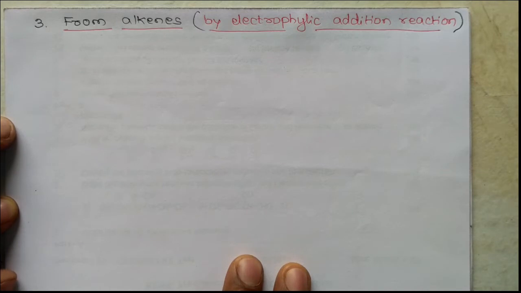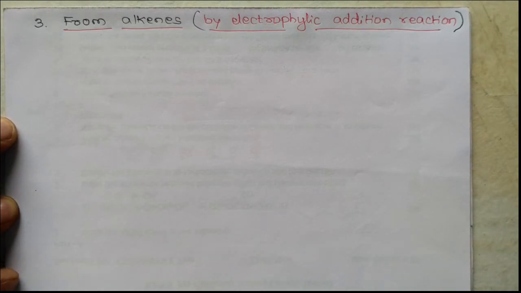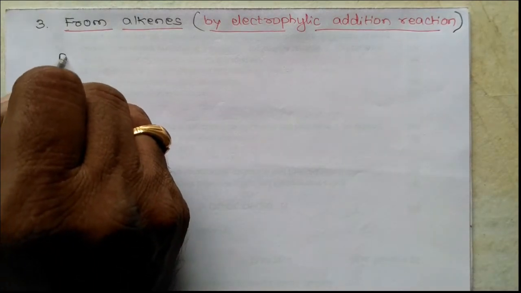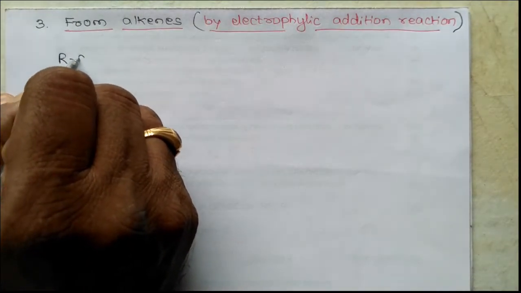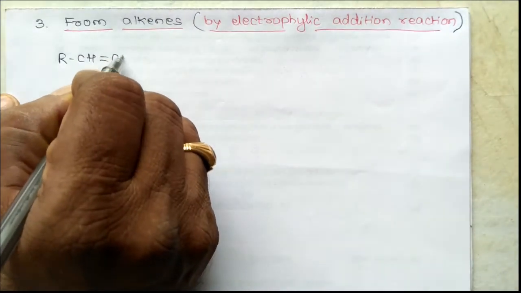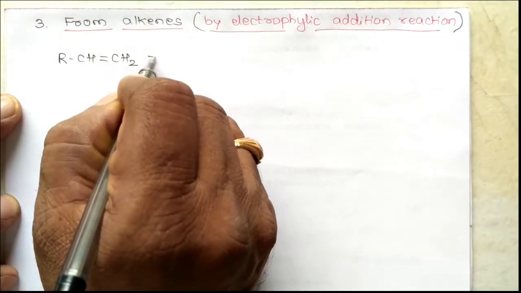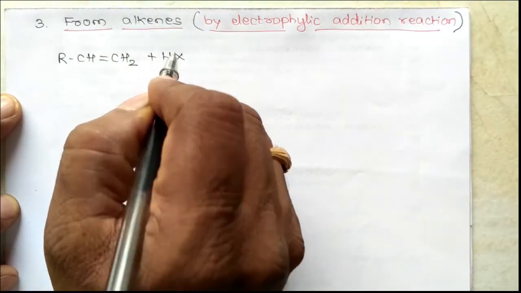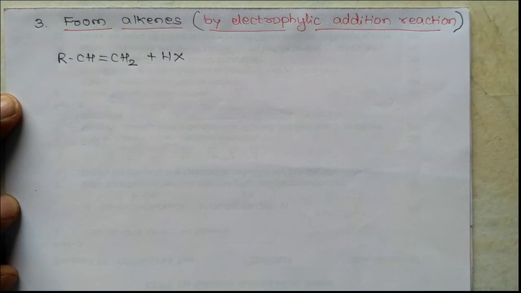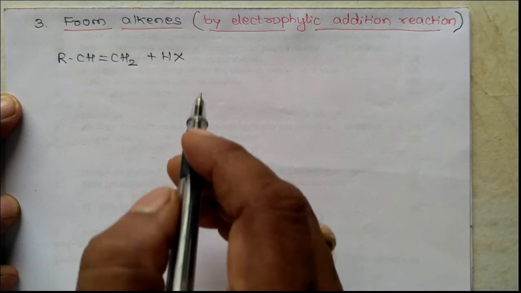Next preparation of haloalkanes is from alkenes by electrophilic addition reactions. An alkene combines with hydrogen halide. Alkene is represented by RCH double bond CH2. Alkene combines with hydrogen halide, in general written as HX, to form haloalkane.